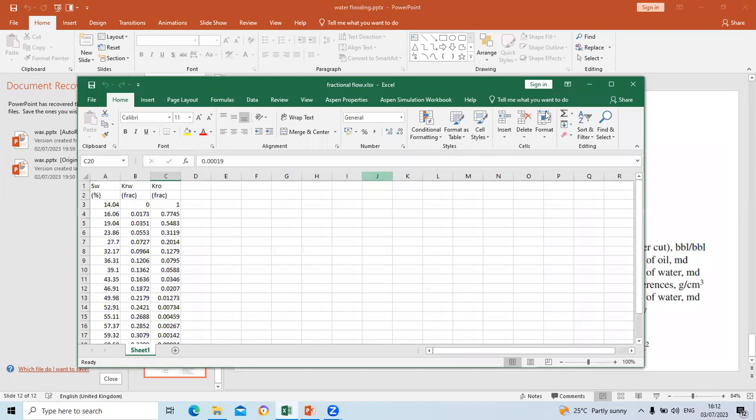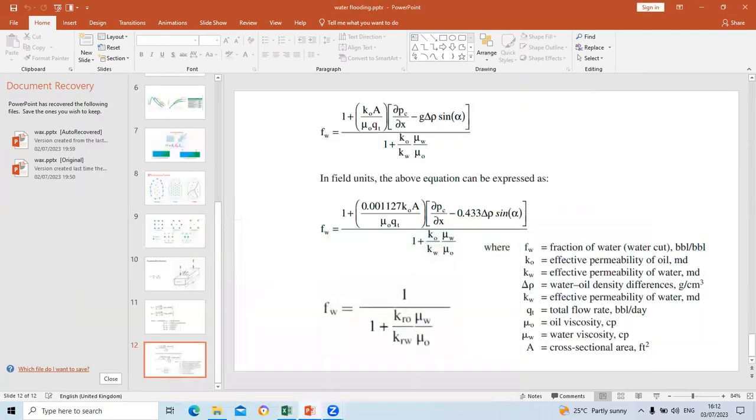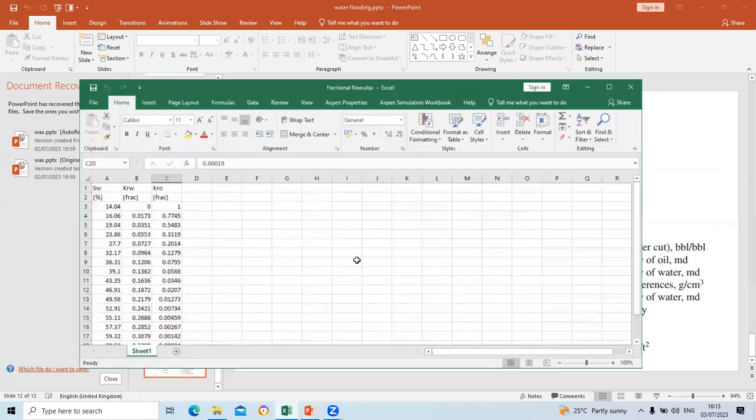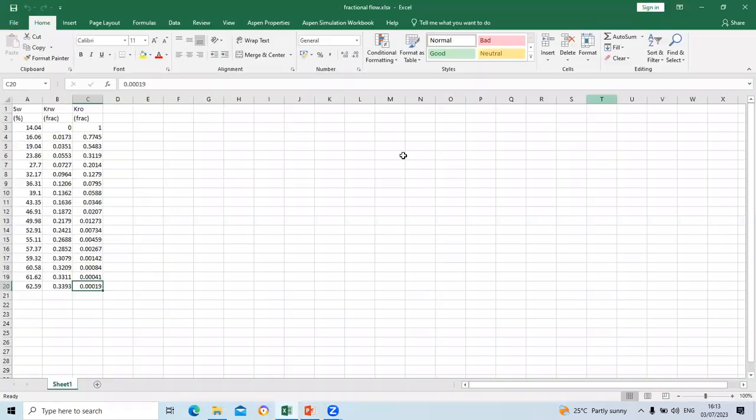So we want to use this fractional flow equation to calculate the average water saturation at breakthrough. We are going to go to our Excel. Remember, this is the equation we are going to use. In the Excel sheet, what has been given is the water saturation, the relative permeability of water, and the relative permeability of oil.